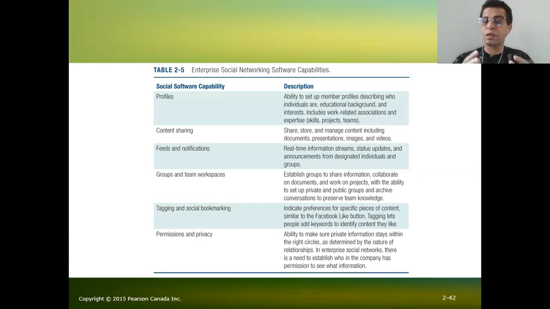We have group and teamwork spaces, tagging, and social bookmarking. When you click on liking something, for example on Facebook, it shows what you like to other people, or when you republish something, it goes to others also. But all this information should be set up with guidelines, permissions, and privacy.